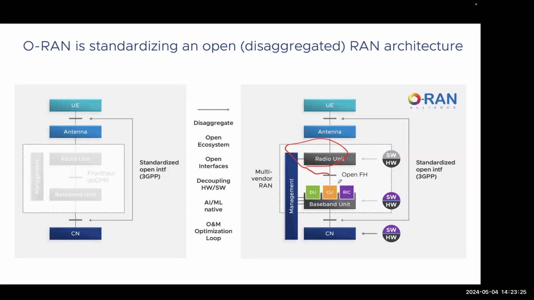No. In the second step of this disaggregation, this open fronthaul will be a standardized interface with a certain format for this communication, and I can bring vendor A radio unit and vendor B CU/DU and vendor C for the COTS server. So this is the second point.